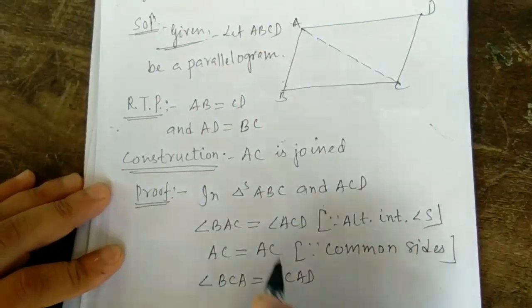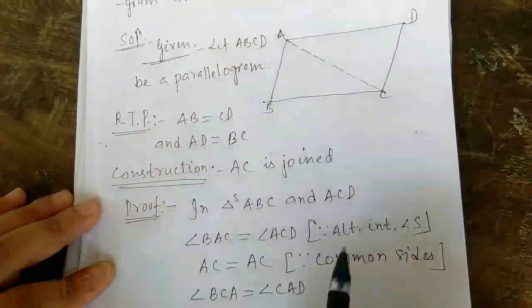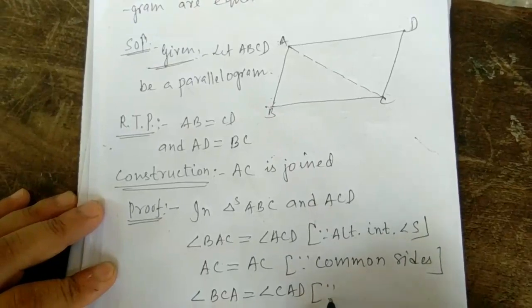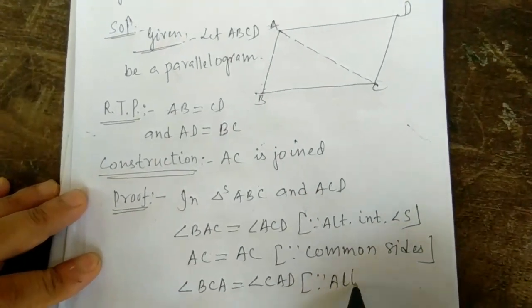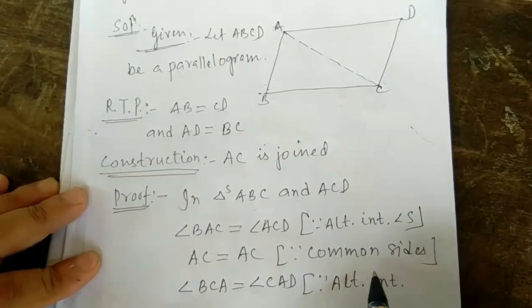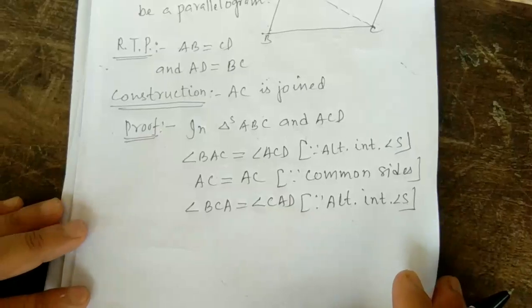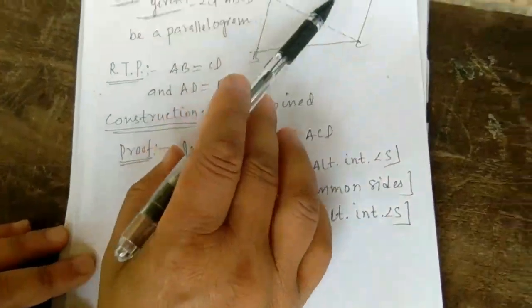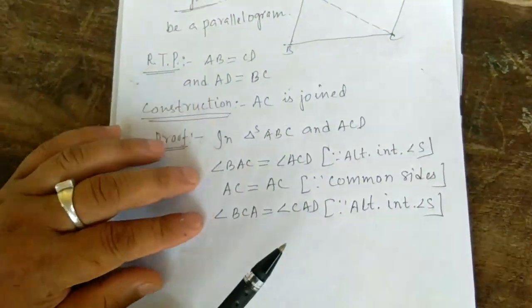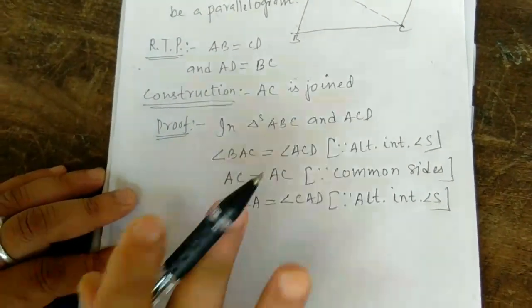See, BCA, CAD, again looking like Z. So this is also, since it is, alternate interior angles. Clear? To prove any two triangles congruent, we have to prove only three parts: one part, two, three parts. So we have to stop here.